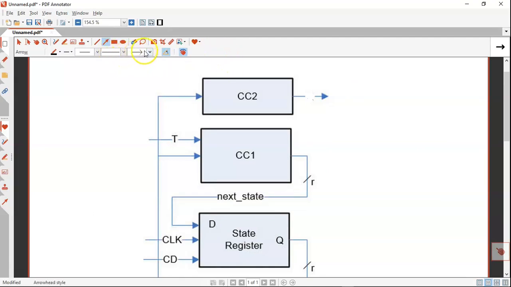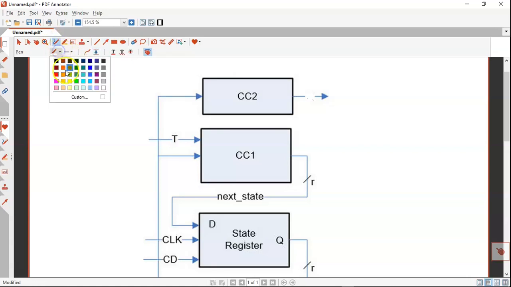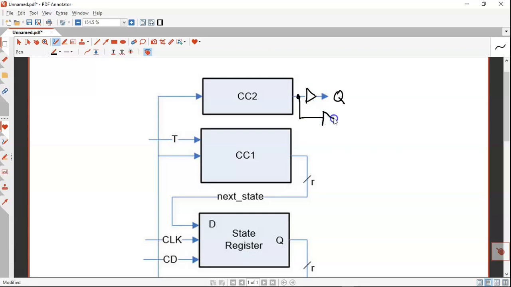And now what you need is to add here a couple of buffers, for example, a buffer for generating the output Q, and then another buffer or not for generating the QL outputs. And for example, this wire is going to be called W, right? So this is a slight modification in the picture of the architecture, the finite state machine architecture of the T flip-flop.